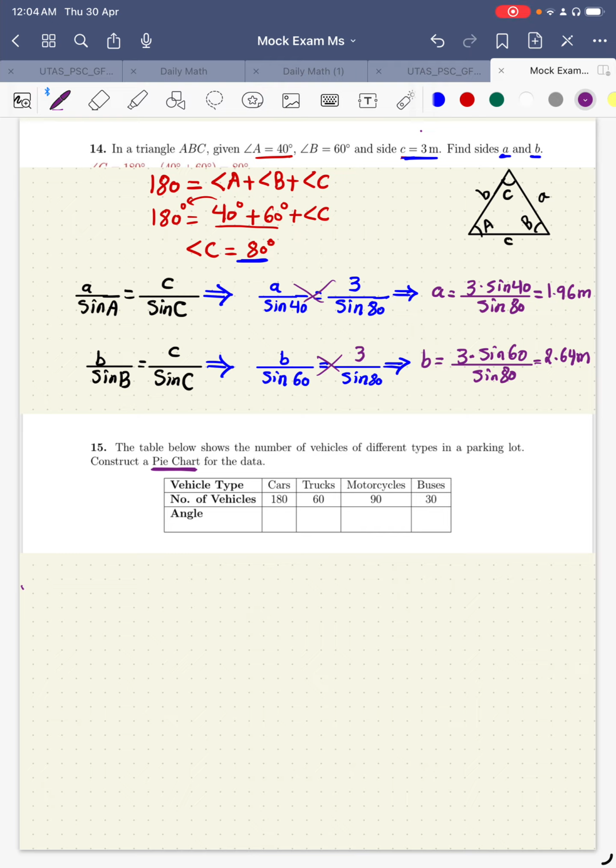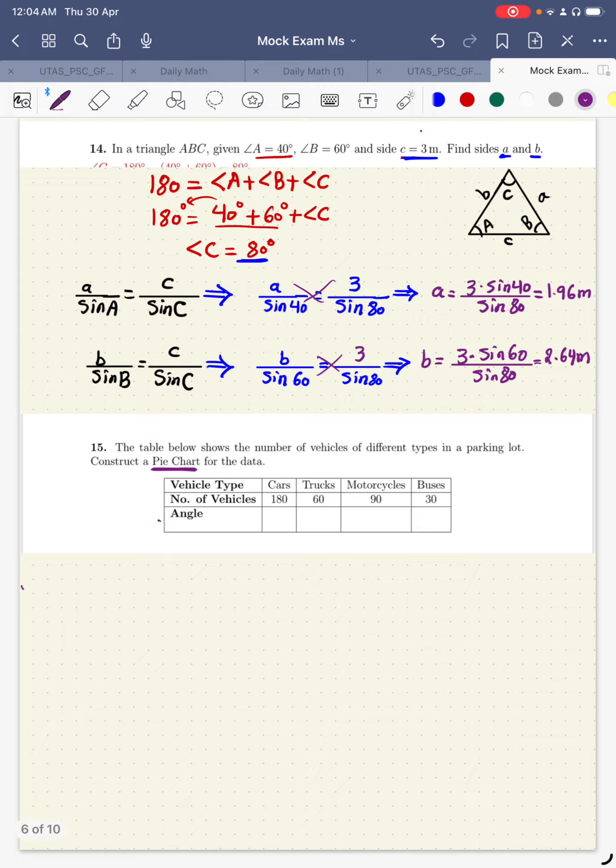We have this table with vehicle type: cars, trucks, motorcycles, buses, and also the frequencies, the number of vehicles. Cars have 180, trucks 60, motorcycles 90, and the last one, buses, 30.